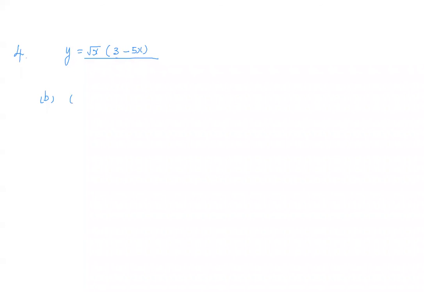Square root x, bracket 3 minus 5x, over 2 square root x.